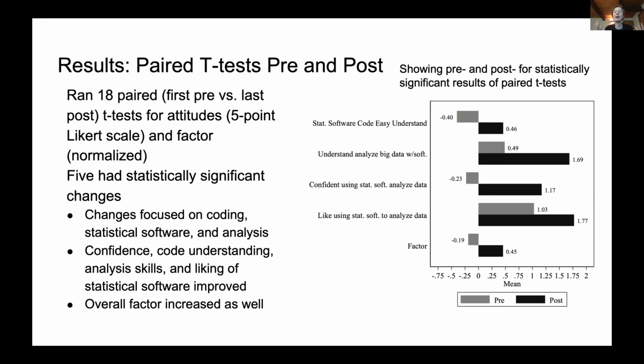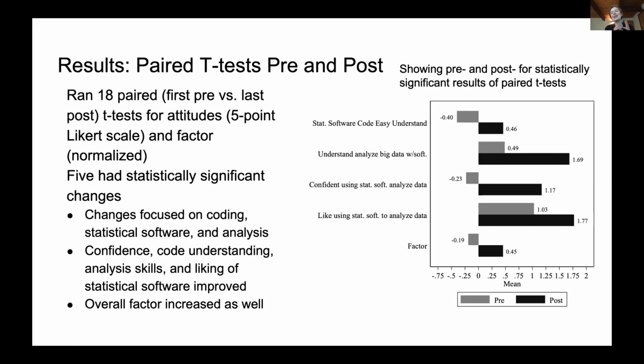So just in terms of some of our results here, the t-tests that were statistically significant, so I only graphed the significant ones. So remember there are 18 paired t-tests, the 17 items and the factor, and the factor is on a different scale. It's normalized, where the attitudes are on a 5-point scale. So there were 5 that had statistically significant changes, and the changes were really focused on coding, statistical software, and analysis improvement.